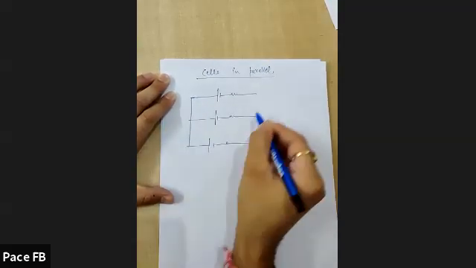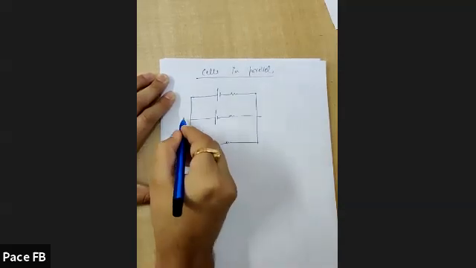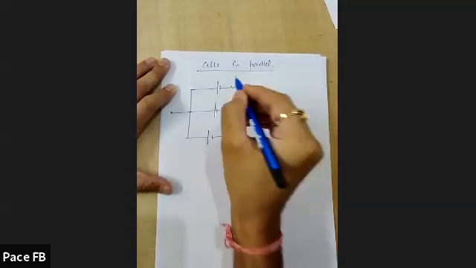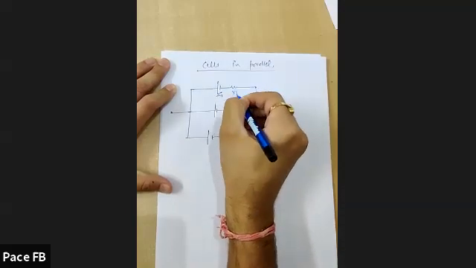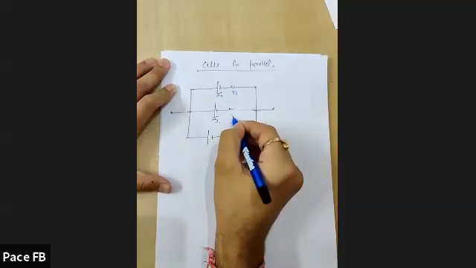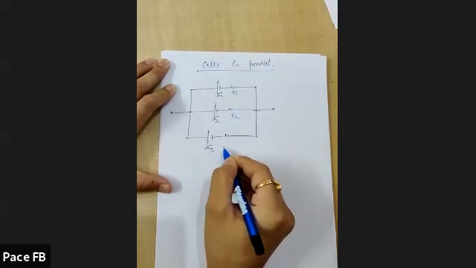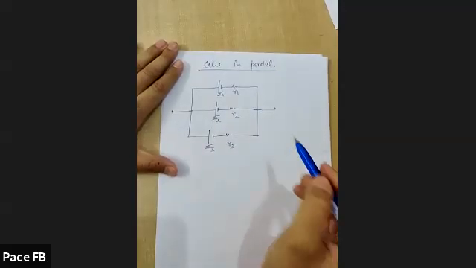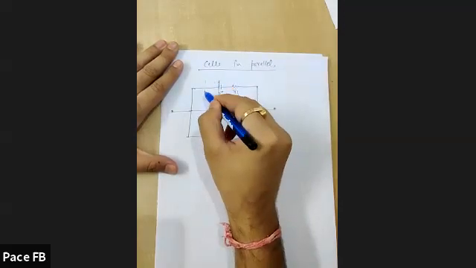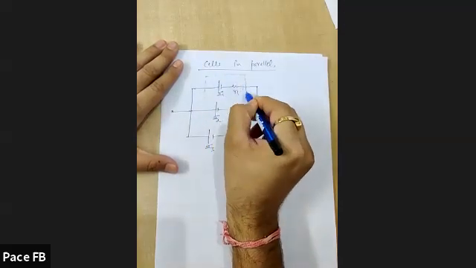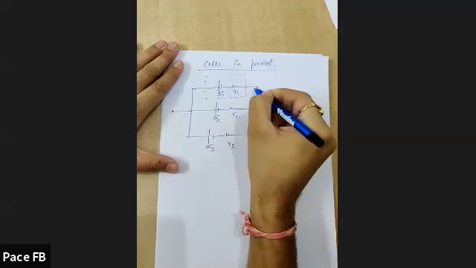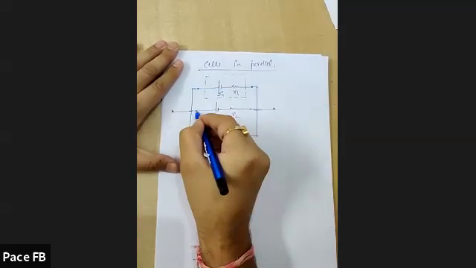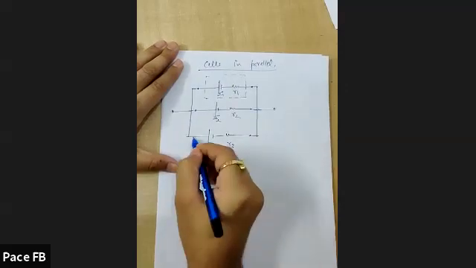Let's say there are three cells: E1, R1, E2, R2, E3, R3. And always remember, in case of cells, this is in a box, and the terminals would be this point and this point, this one and this one.